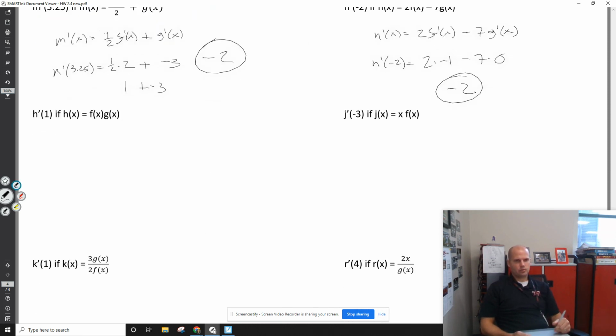Now we're into product rules and quotient rules because it's not a constant, it's functions times functions. So F prime G plus G prime F, plugging in 1. F prime of 1, G of 1, G prime of 1, F of 1. Derivative of the first times the second plus derivative of the second times the first, not the derivative of the first.